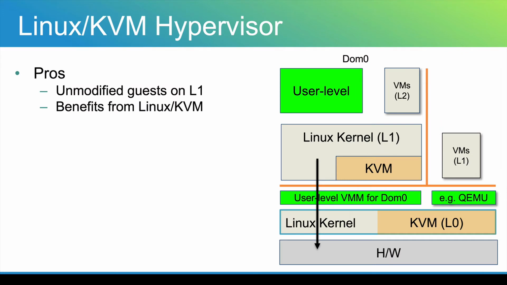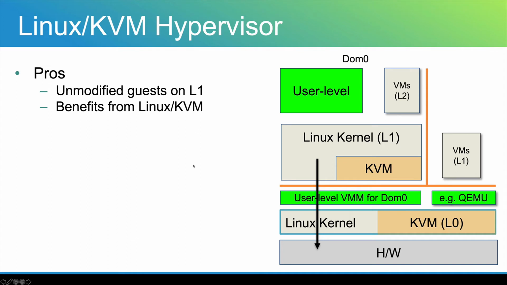So let's talk about pros and cons for each implementation option. One is the Linux KVM hypervisor. Again, the hypervisor is a minimally configured Linux plus KVM, so it has a user level as well, with user support like the Dom0 user level VMM and QEMU.